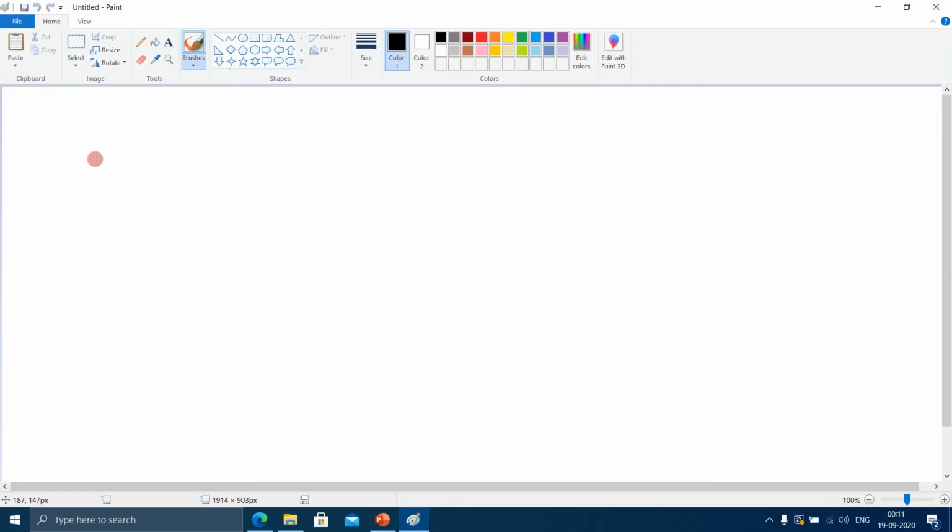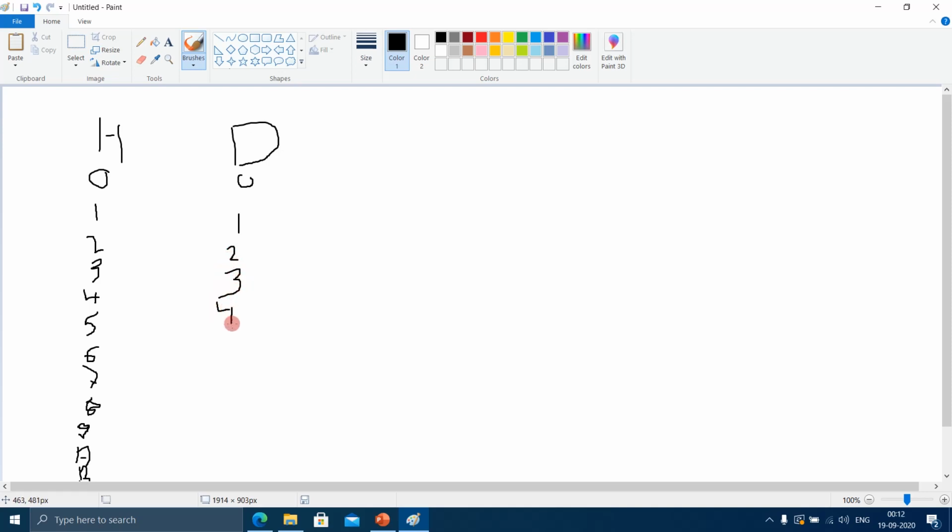So when we compare the hexadecimal numbers and the decimal numbers, when we go 0, 1, 2, 3, 4, 5, 6, 7, 8, 9, A, B, and when we write it in decimals, 0, 1, 2, 3, 4, 5, 6, 7, 8, 9, 10, 11, and so on.